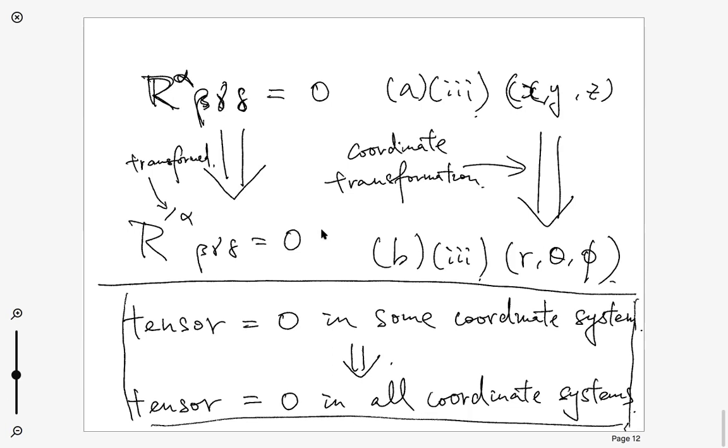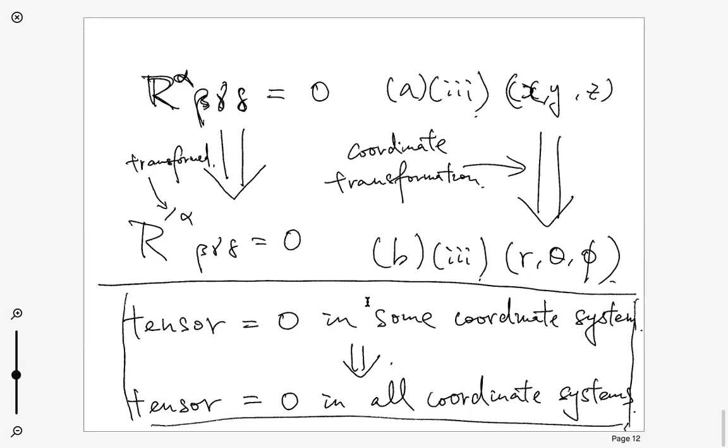The first question is, if the Christoffel symbols are 0, can we conclude that the space is flat?